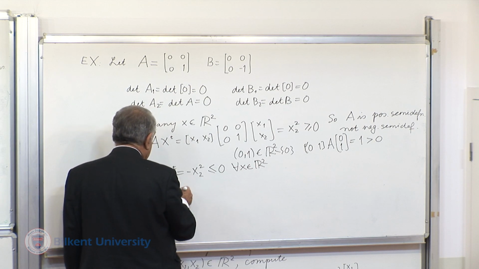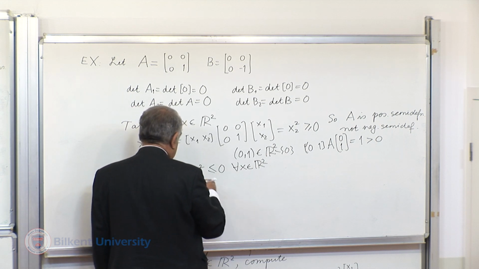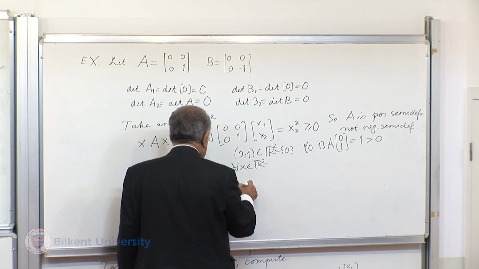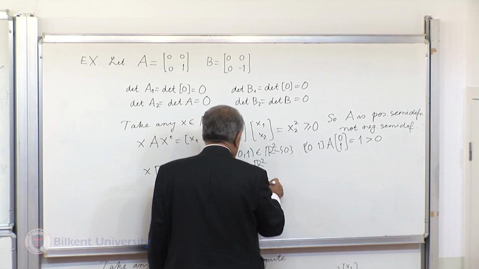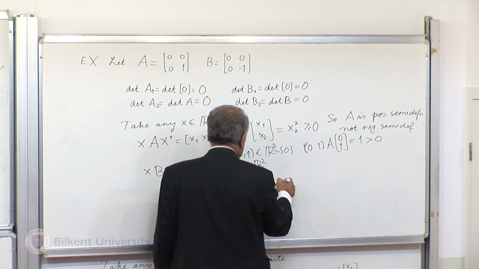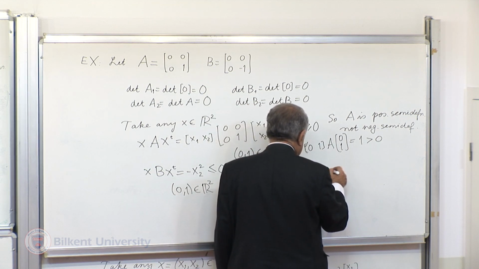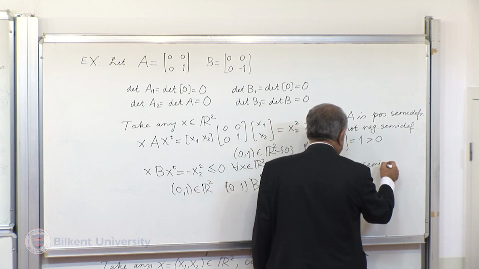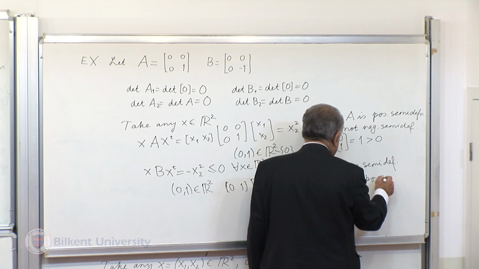Moreover, this time again, (0, 1) is in R2, and for that, (0, 1) B (0, 1) will be equal to minus 1, that is less than 0. So B is negative semi-definite, but not positive semi-definite.